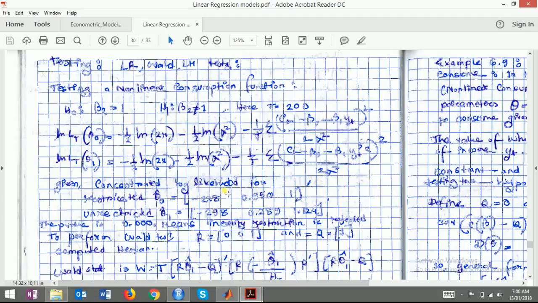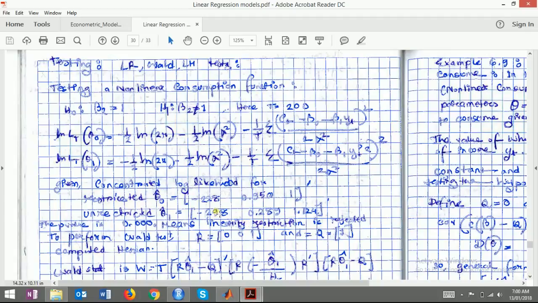Restricted theta naught is this. You see beta 2 is not here in theta naught. In theta 1 beta 2 is included. So beta naught, beta 1, beta 2, and sigma square; in the restricted case the value is just 1. In restricted and unrestricted, sigma square is estimated.